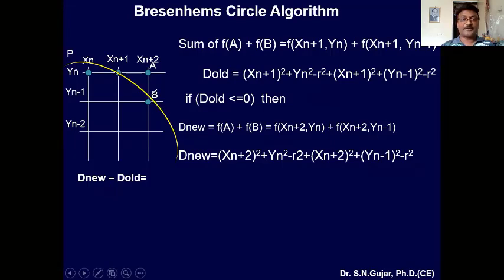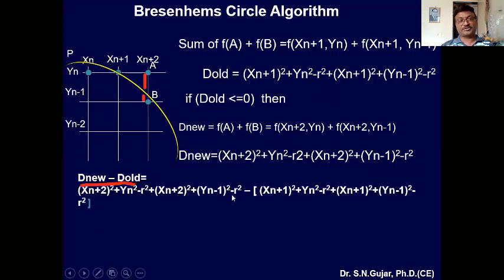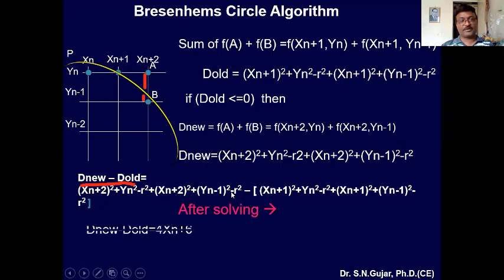Why am I subtracting? I need to calculate whether this distance is less than the upper one. Who will decide that? d new minus d old. Okay, so that you have to make the subtraction and then solve this entire equation. Once you solve it, after solving you get d new minus d old is equal to 4xn plus 6.